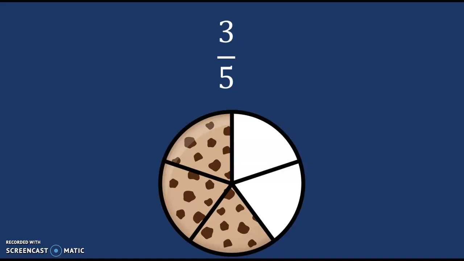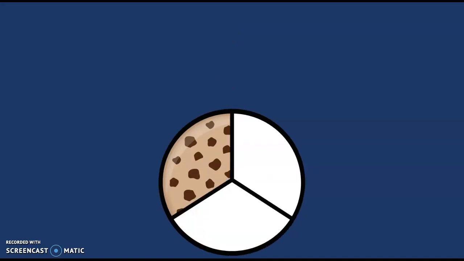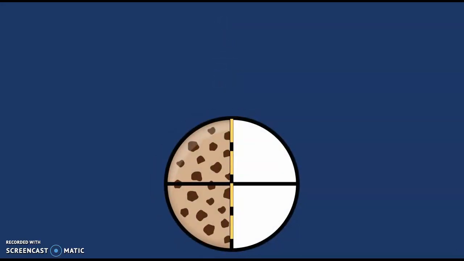3/5. There are 3 out of 5 equal pieces there. 1/3. There is 1 out of 3 pieces there. 2/4. 2 out of 4 pieces are there.